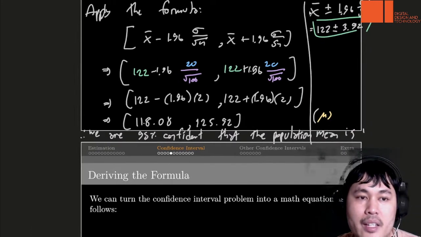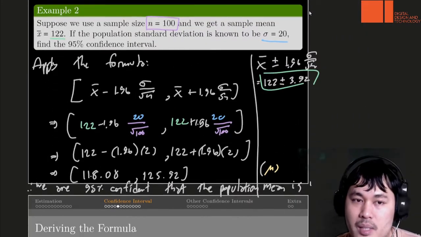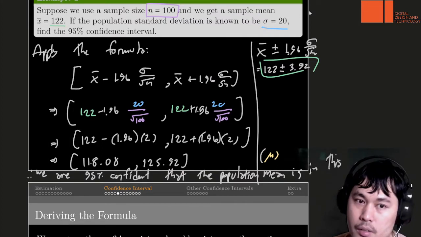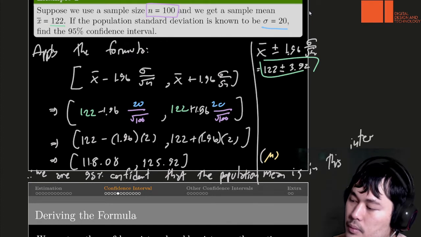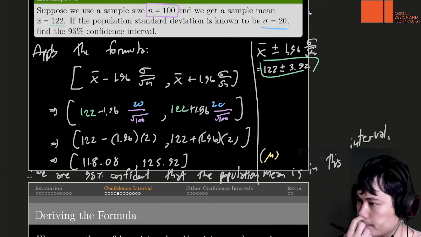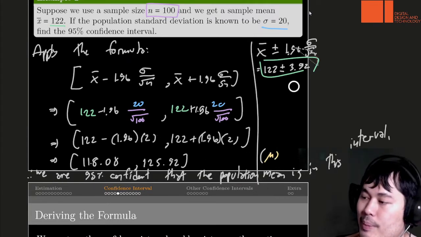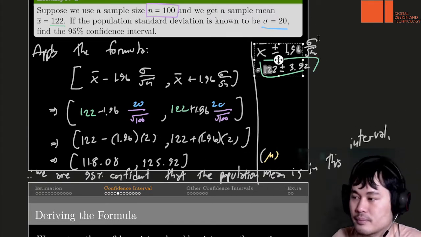We are confident that the actual population mean is in this interval. So that's the conclusion about the numbers that we just got.